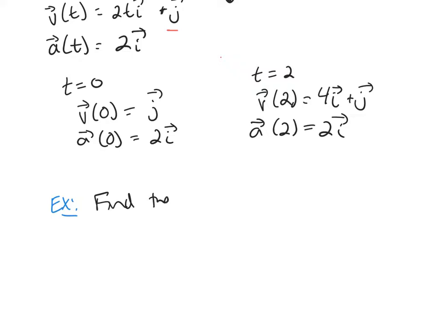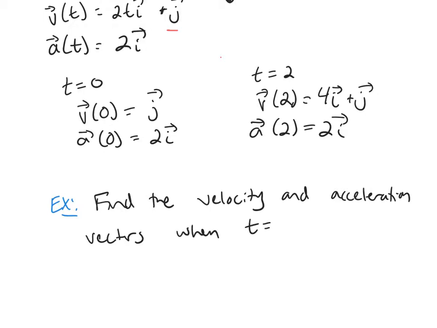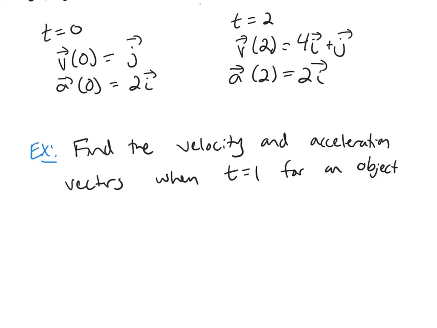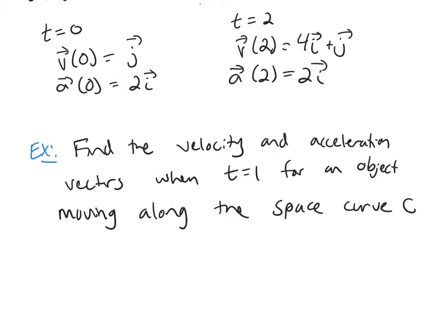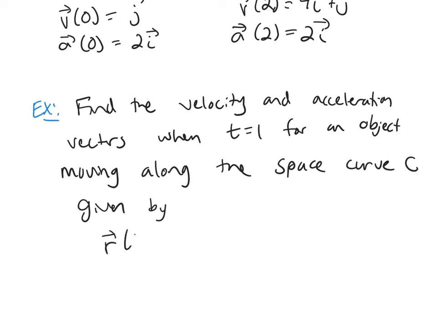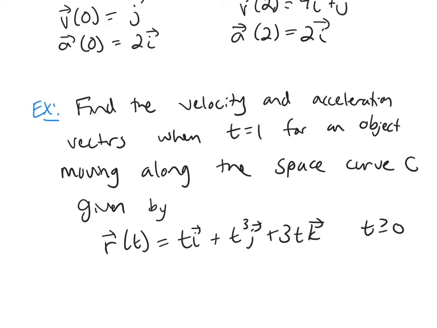Find the velocity and acceleration vectors when t equals 1 for an object moving along the space curve C given by the equation r of t is ti plus t cubed j plus 3tk, where t is greater than or equal to 0.